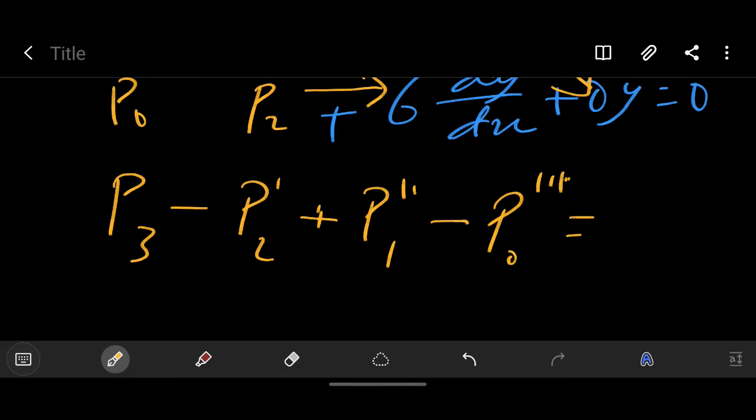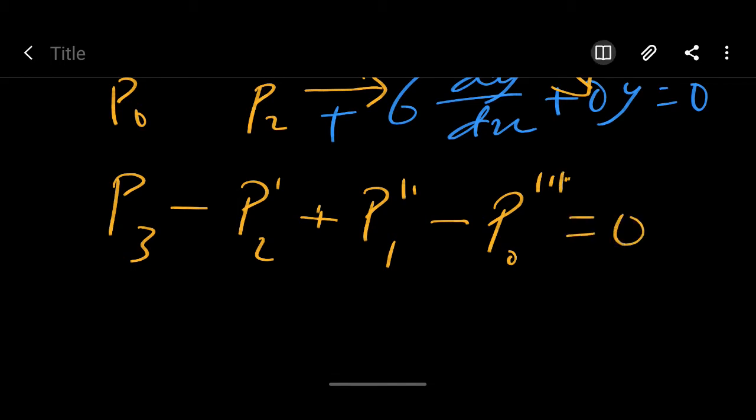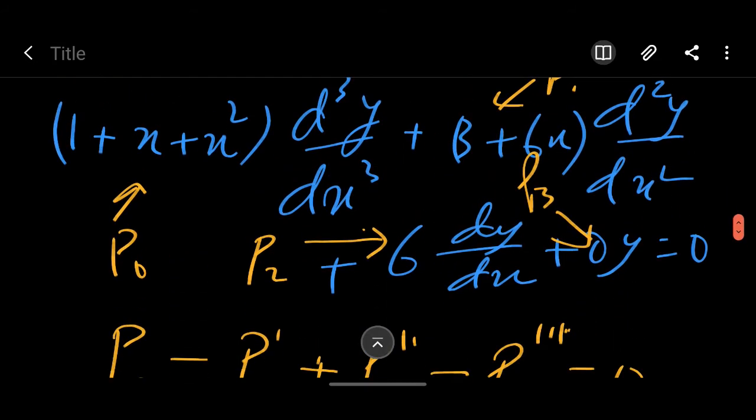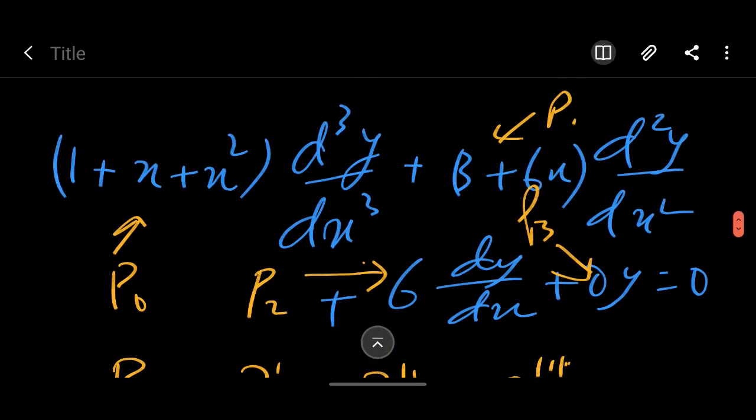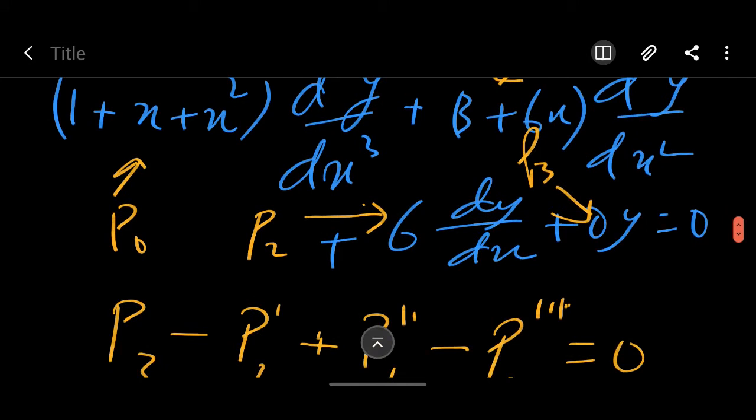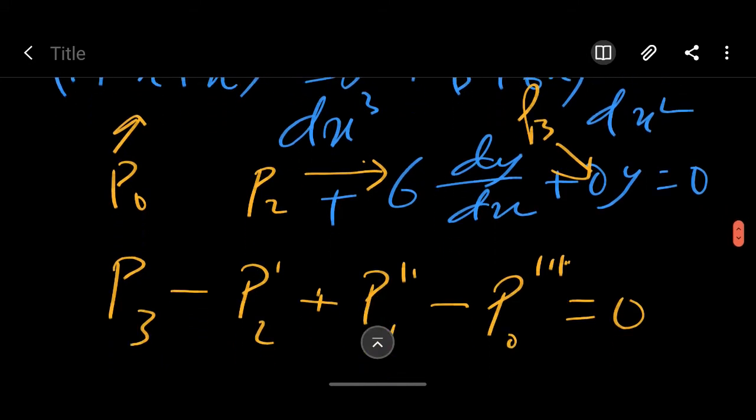So this should be equal to 0 if the condition is exact. That means if the order is 3, the highest order in our given problem is 3, then we have to take 3 times derivatives for that coefficient.